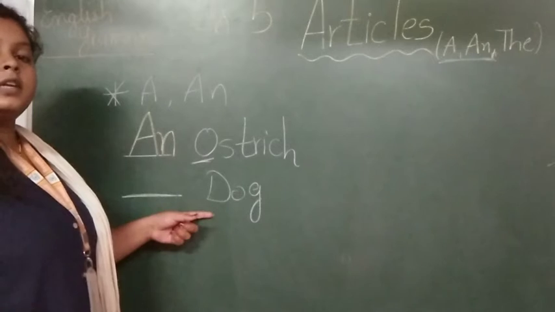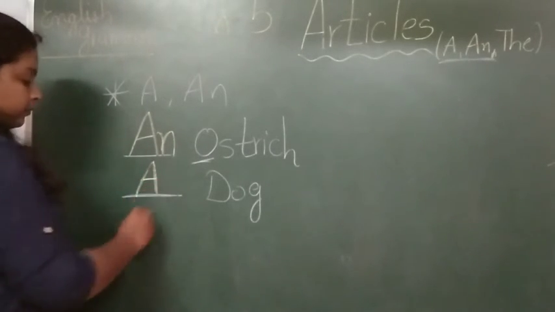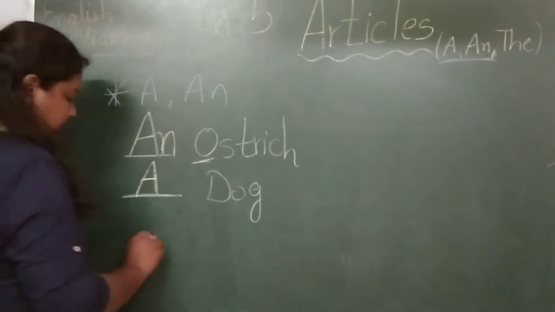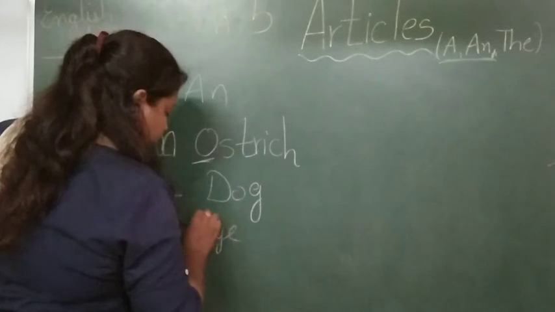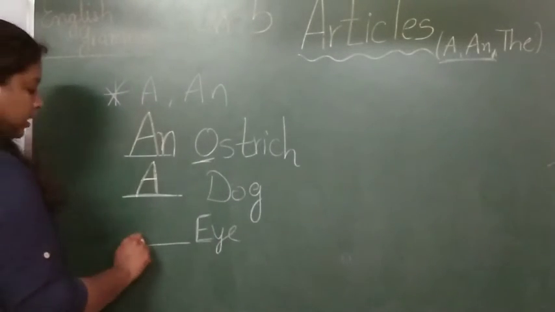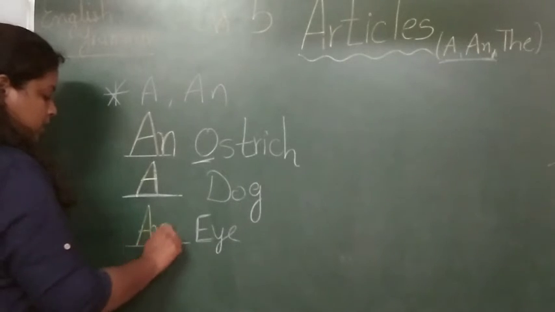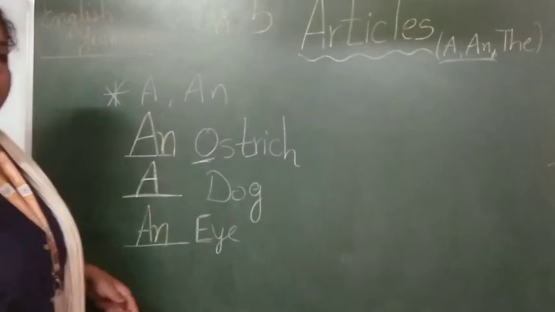Here you can find D is a consonant, so for that I need to write a. Okay. Next example I will write I. Here you can find A, N. Here you can find E. So we will write an.